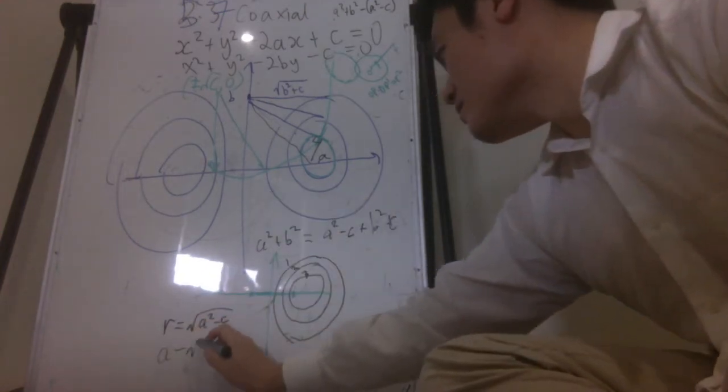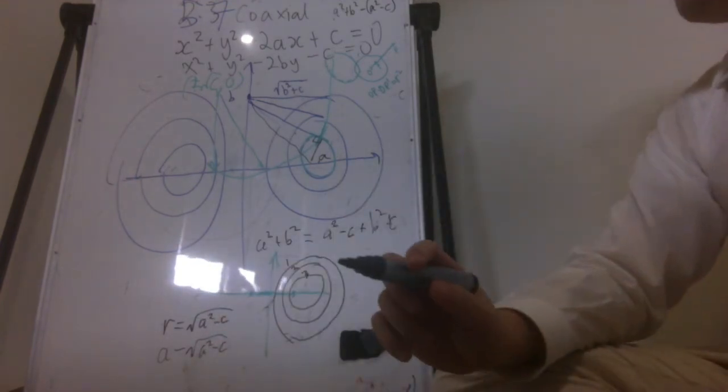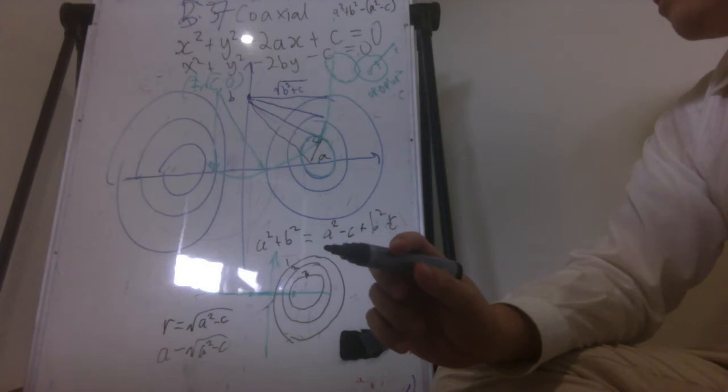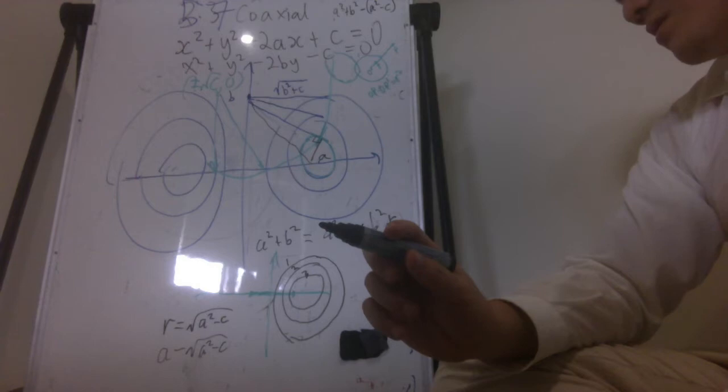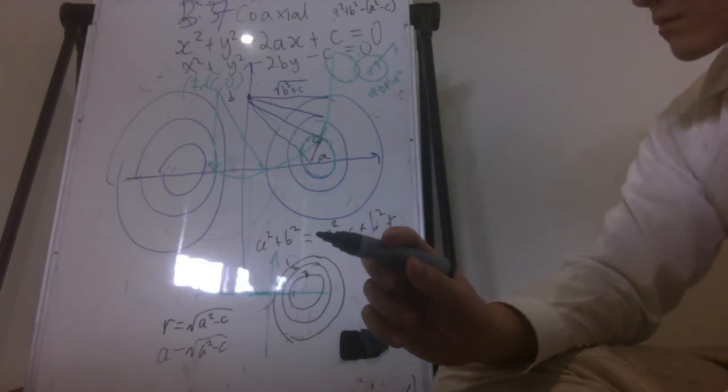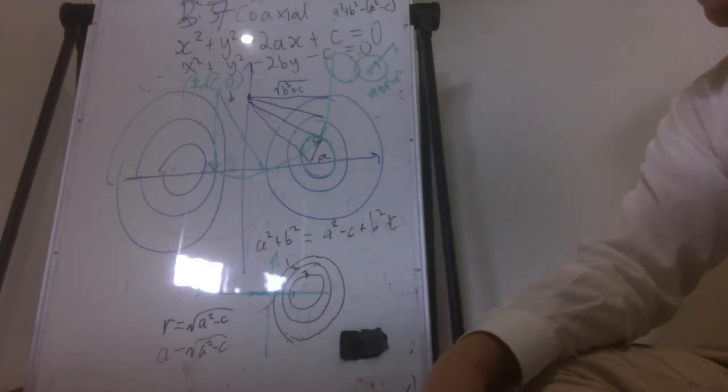So we need a minus root a squared minus c to be less than root c. Or in other words, root c plus the radius is bigger than a.